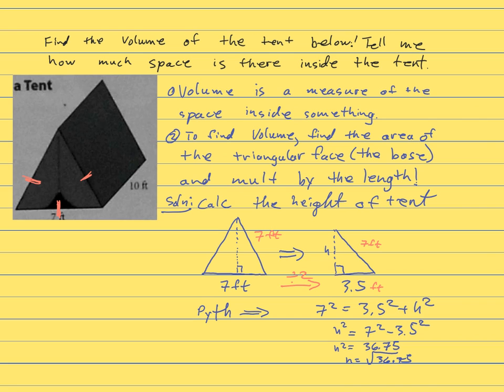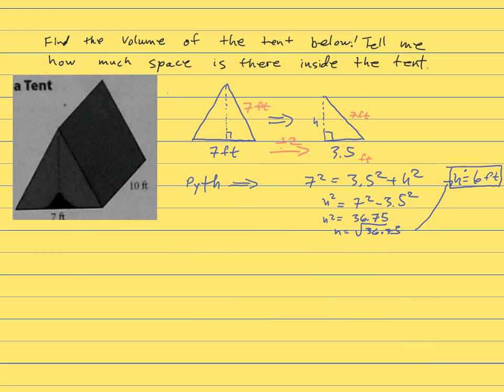That means our h value is going to equal approximately 6 feet. So you thought you got away from Pythagoras theorem. Sorry, dudes, you got to use it.